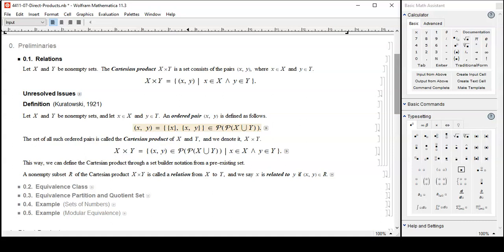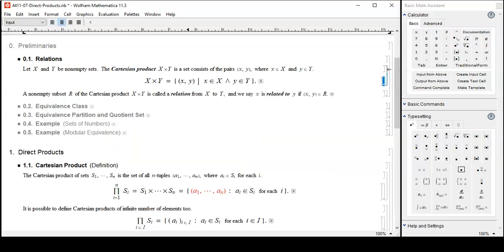Here I use the axiom of power set and the axiom of union. Now that this is well defined, we can use the set builder notation like this, and now we have an appropriate starting set, and the Cartesian product is a subset of that. So the set builder notation is finally valid. So we have the Cartesian product.